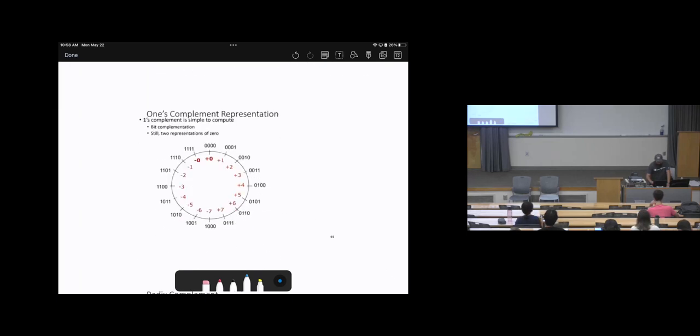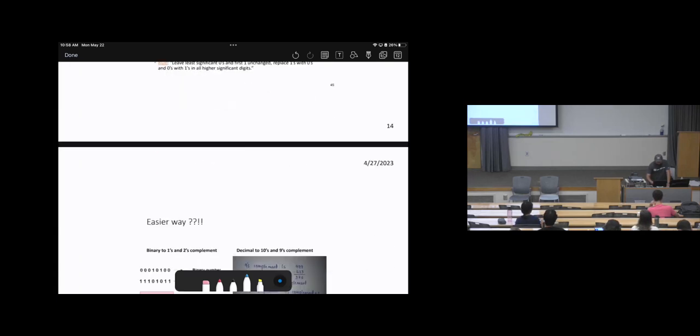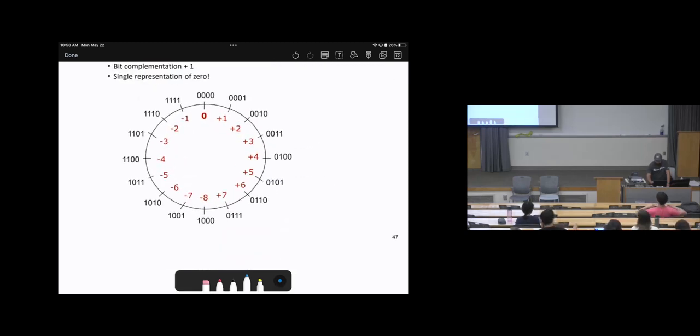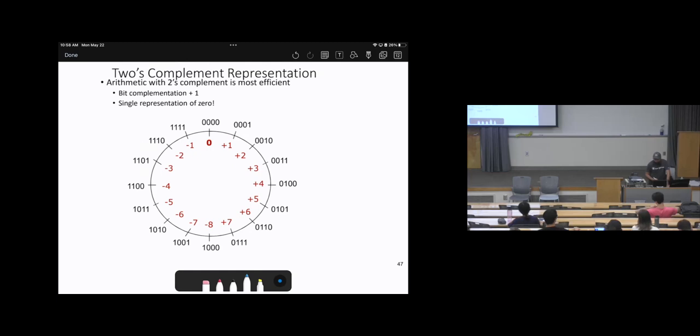After that, we will go to 2's complement and 10's complement. Next lecture, we will reach a representation with a unique representation for 0, and there will be no problem with addition and subtraction as we saw before.